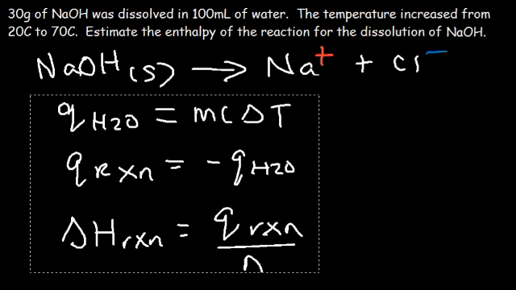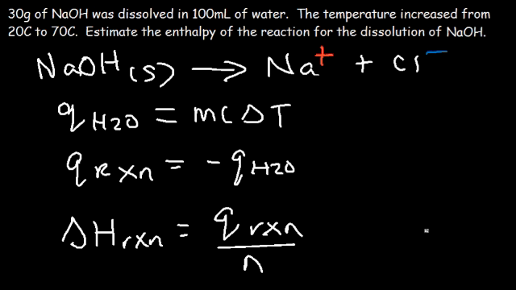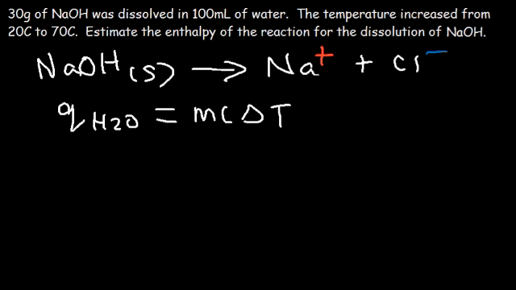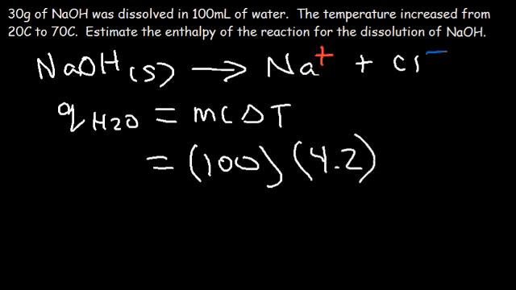So let's begin. Let's calculate how much heat energy was absorbed by the water molecules. The volume is 100 milliliters. Keep in mind the density of water is 1 gram per milliliter, which means that 100 milliliters of water has a mass of 100 grams. And let's use the specific heat capacity for water as 4.2 instead of 4.184 to keep the calculation simple.